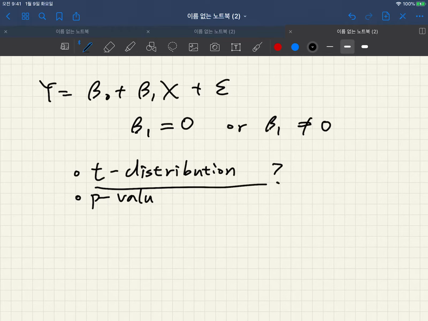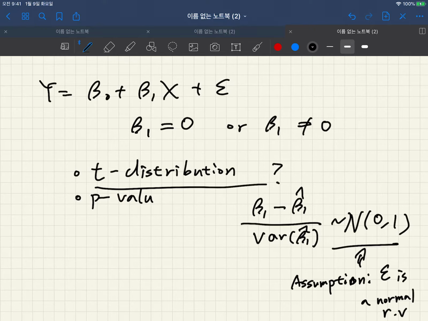Of course, we need a very important assumption: epsilon is a normal random variable.